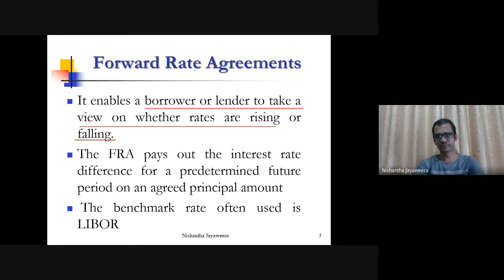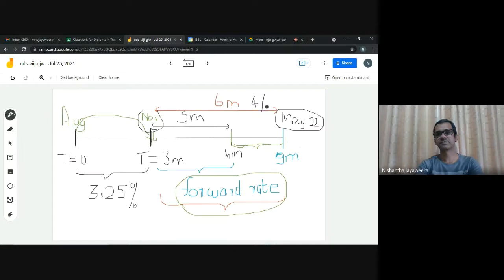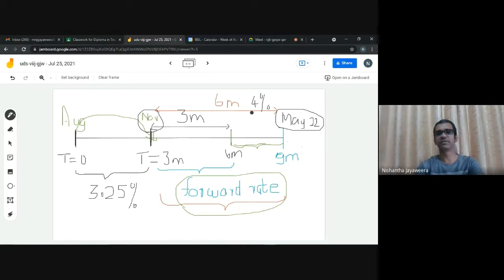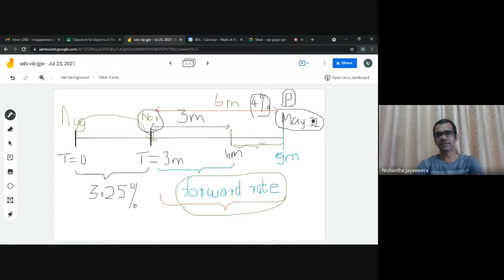However, say assume for this 6-month period from November to May 22, you fix the interest rate at 4%. And definitely you need to think about a principal amount, P. So then after 6-month period, you have to pay interest or receive interest at 4% on this principal amount. But this product, it doesn't settle in that way.